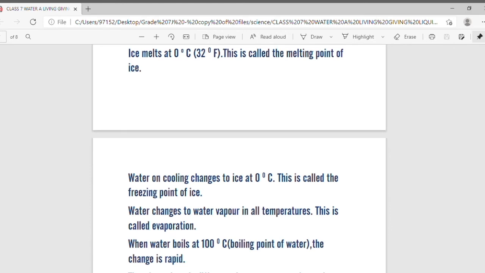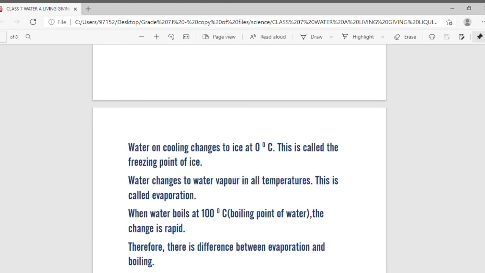Water changes to water vapor in all temperatures. This is evaporation. So water changes into water vapor, it changes to gas in all temperature. Evaporation. So next one, what you are going to learn? Boiling point. Water when boils at 100 degrees centigrade, the change is rapid. So difference between evaporation and boiling is showing rapid change.